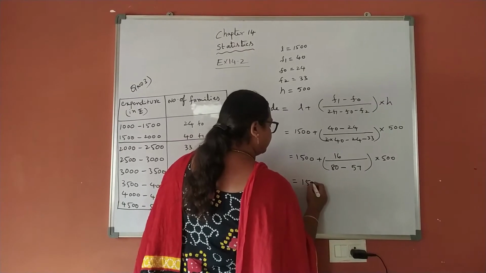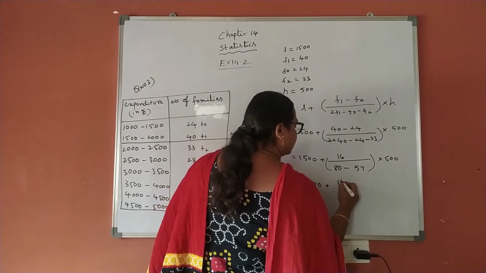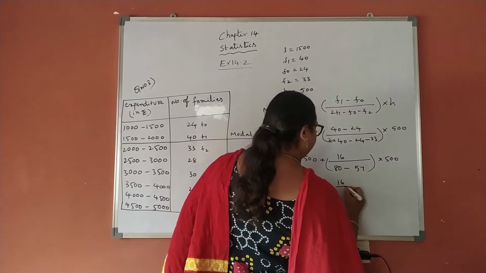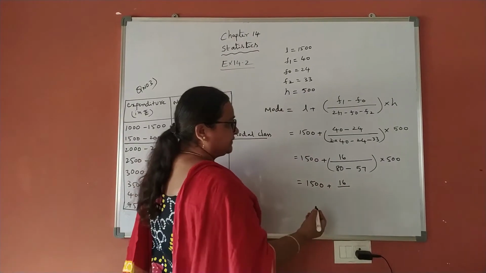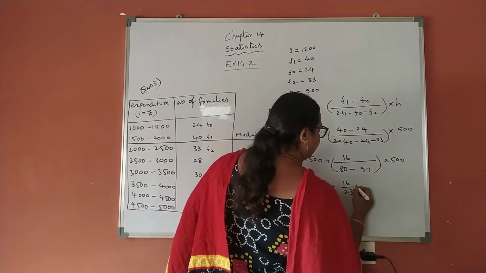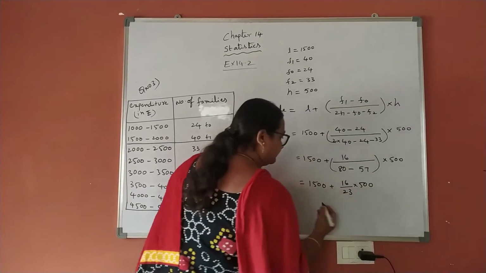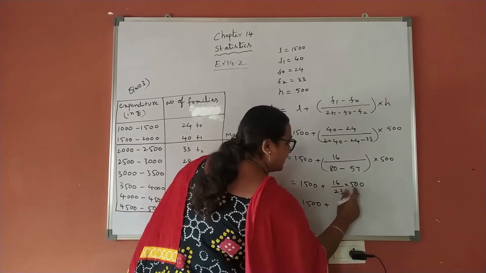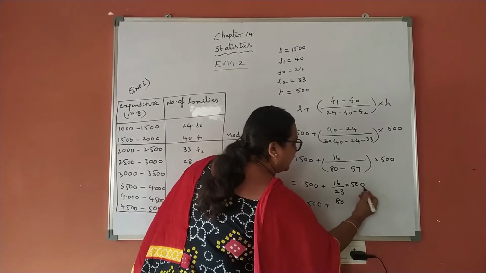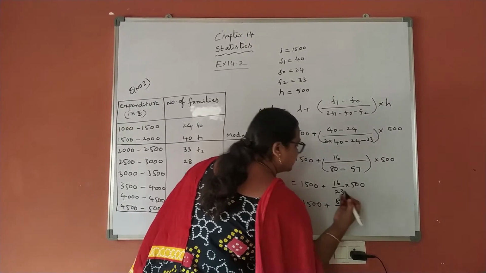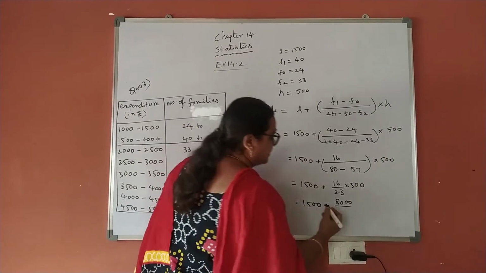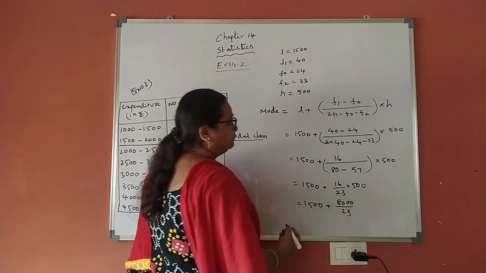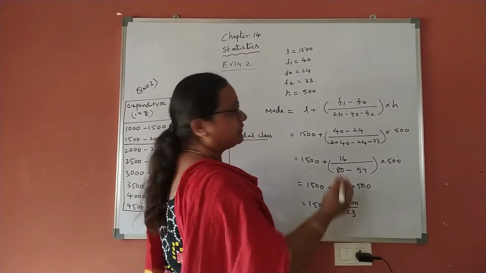This is equal to 1500 plus 16 by (80 minus 57), that is 23, into 500. 1500 plus 16 into 500: 5 times 16 is 80 and 2 zeros, so 16 into 500 is 8000, by 23. Because this is a big division, we will do it here.